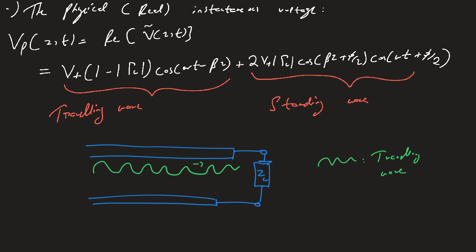And on top of the traveling wave, what you have is some standing wave, and the standing wave is not traveling, and the standing wave is the result of the superposition of V plus and V minus, right? And so in some cases you only have a standing wave, in some cases you only have a traveling wave. For example, if you have a matched impedance, then you have only a traveling wave.